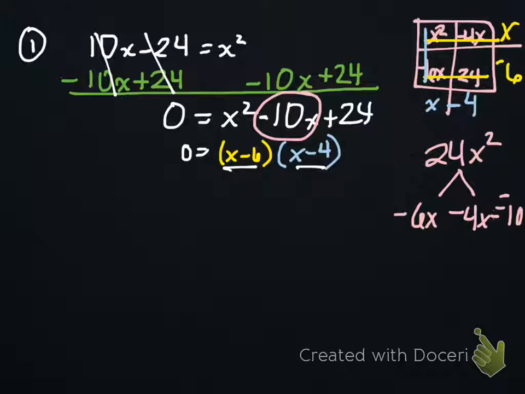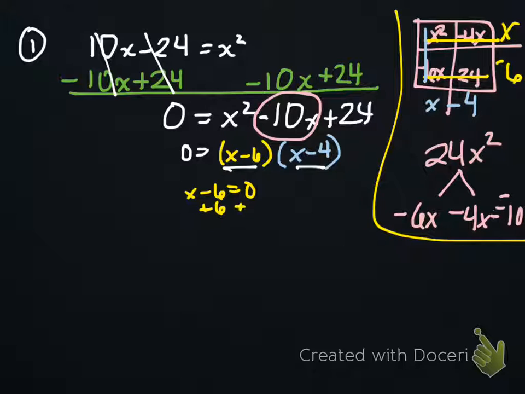And so I'm going to start by setting x minus 6 equal to 0 and solving that equation. So how would I solve that equation? And so x equals 6.